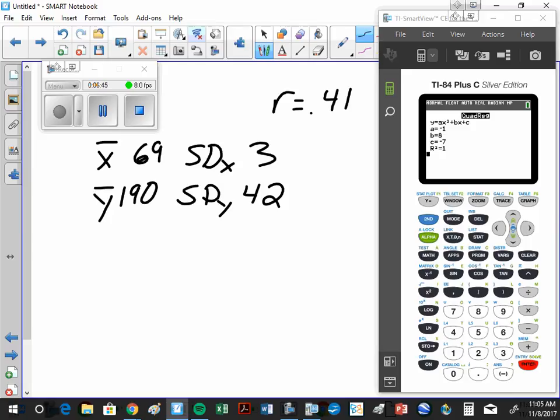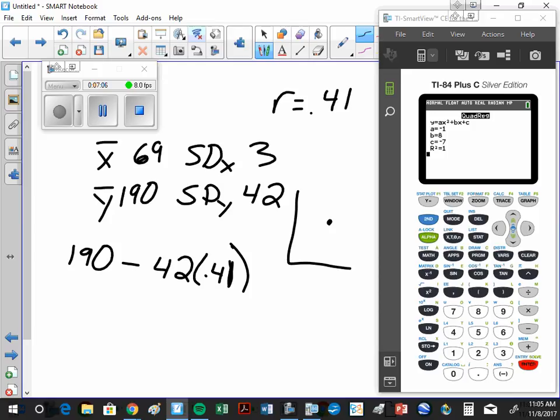Down 1 SD, so we're going to take 190 and subtract 42, but it's not all of 42. It's 41% of 42, times 0.41. Maybe I should draw the picture. So here is our X bar comma Y bar.